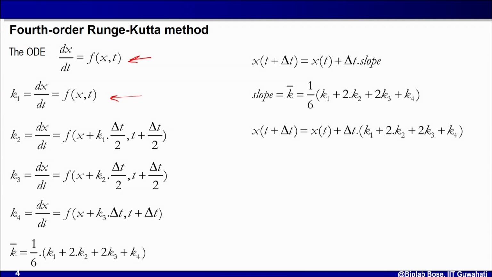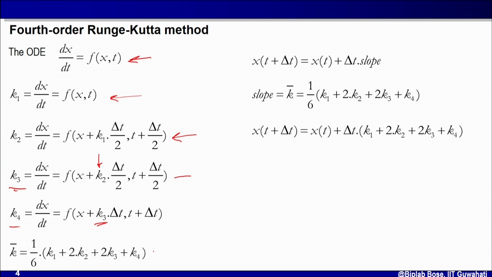Then using that slope I calculate a new slope k2, which is a function of x plus k1 delta t by 2, that is the halfway of your increment, and t plus delta t by 2. That way I use k2 to calculate k3, and then I use k3 to calculate k4, four slopes.